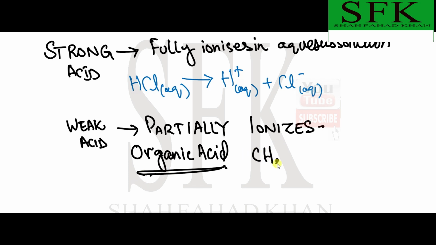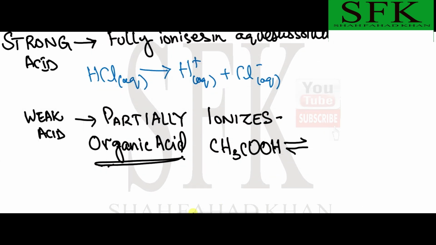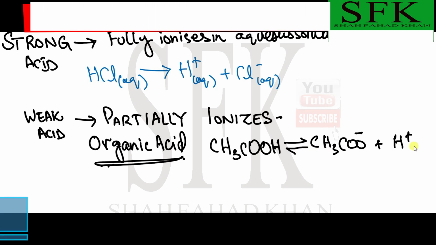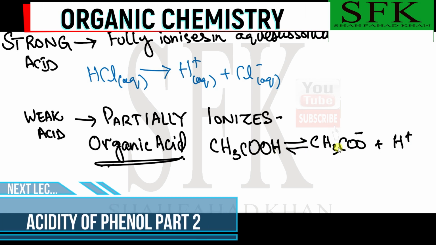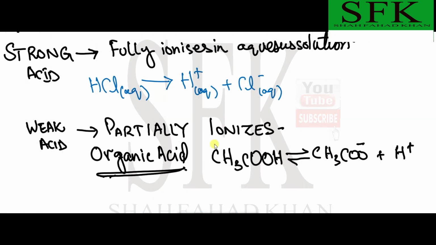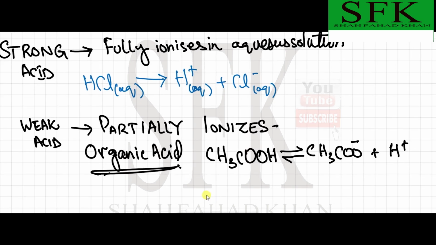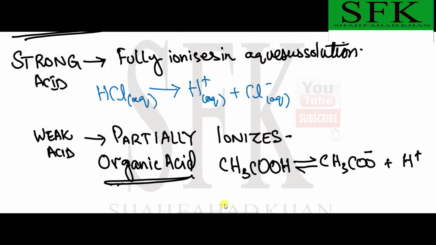For example, ethanoic acid, CH3COOH, is a weak acid. Why is it a weak acid? Because it partially ionizes in aqueous solution. Not all the protons are donated; only some CH3COO negative ions and H positive ions are formed. So this acid is not fully ionized in aqueous solution. That's why it's a weak acid. Okay, now we've discussed these. This was a bit of a basic intro on acids and bases.